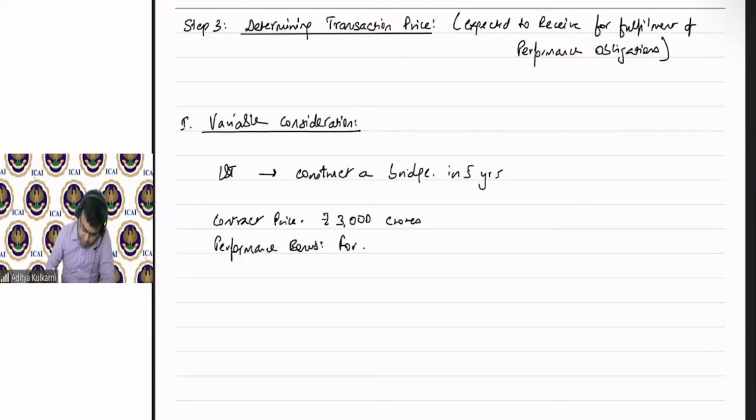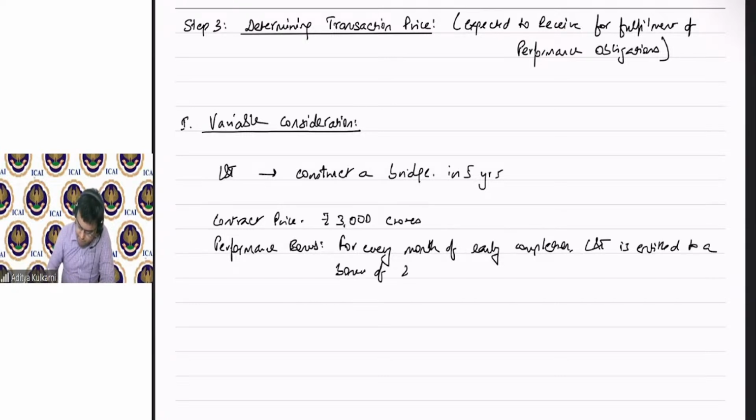So, for every month of early completion, L&T is entitled to a bonus of rupees 30 crores. Suppose it completes the contract. We have 5 years, that is 60 months.